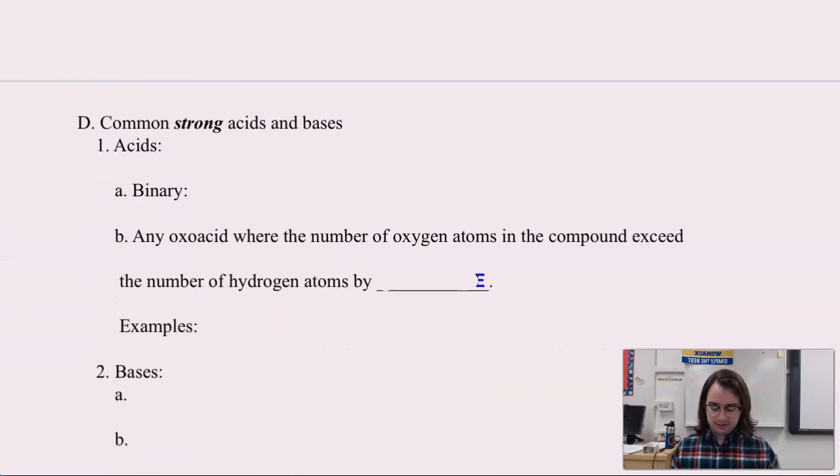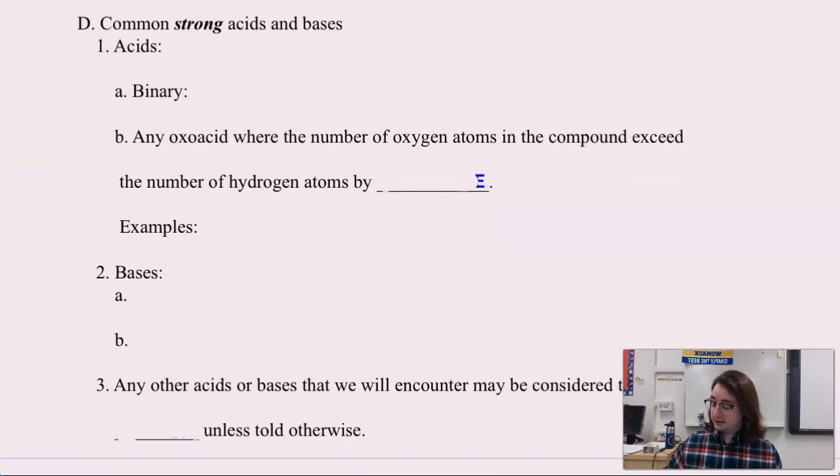So let's talk about common strong acids and common strong bases. The best way to remember them is to memorize them. I wish there was an easier way to let you know that, but you have to just memorize them. Luckily there's not that many. The binary strong acids are going to be HCl, HBr, and HI.